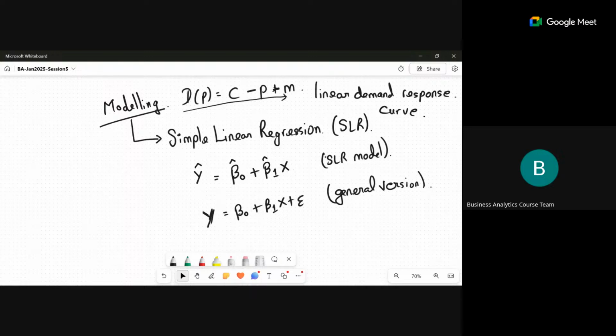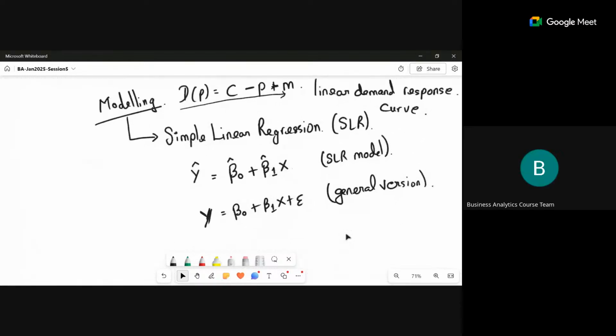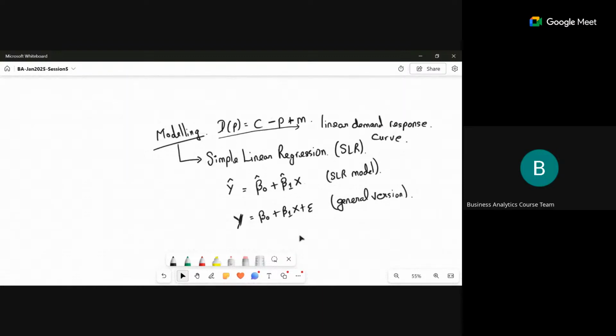I hope all of you are familiar with this up to this point. You have studied SLR, right? Yes, sir. Okay. Before going further, the two models are very similar.